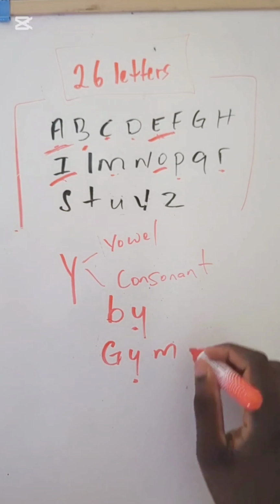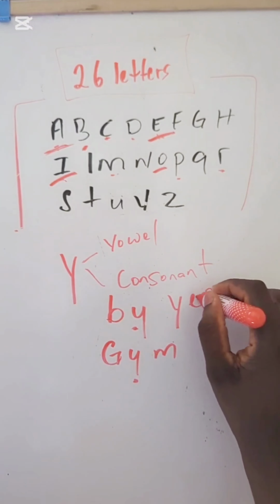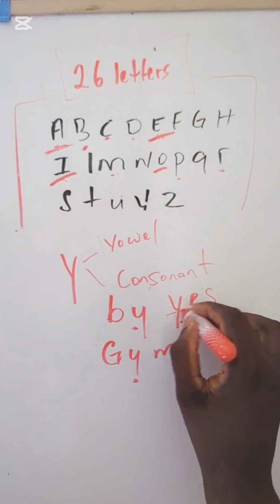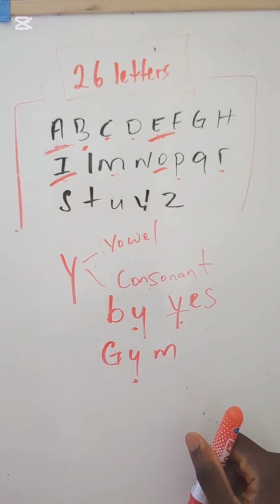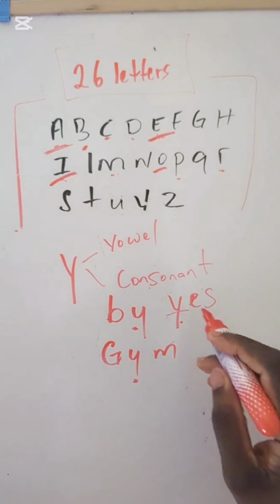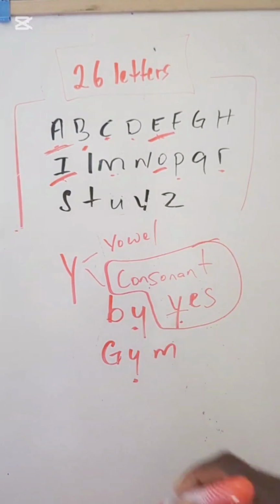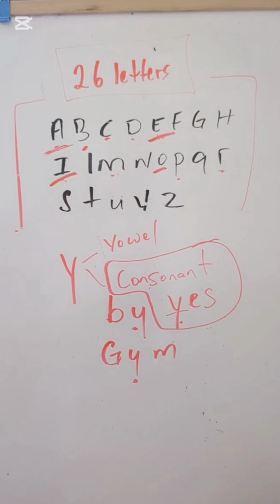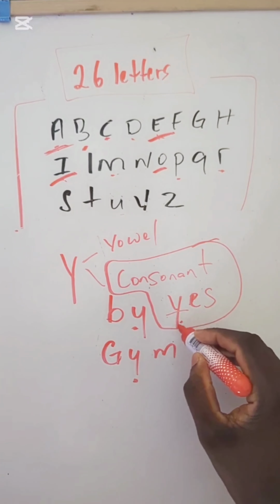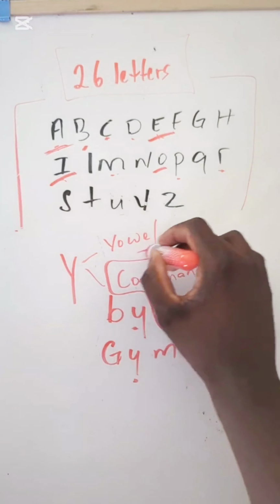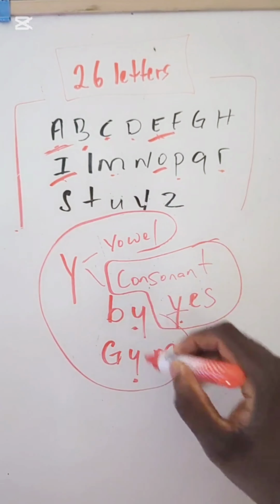In this word, yes, you see that the Y is positioned at the beginning of the word. So you see, anytime the letter Y is positioned at the beginning of the word, it makes a consonant sound. Anything outside of this, it starts to make a vowel sound.